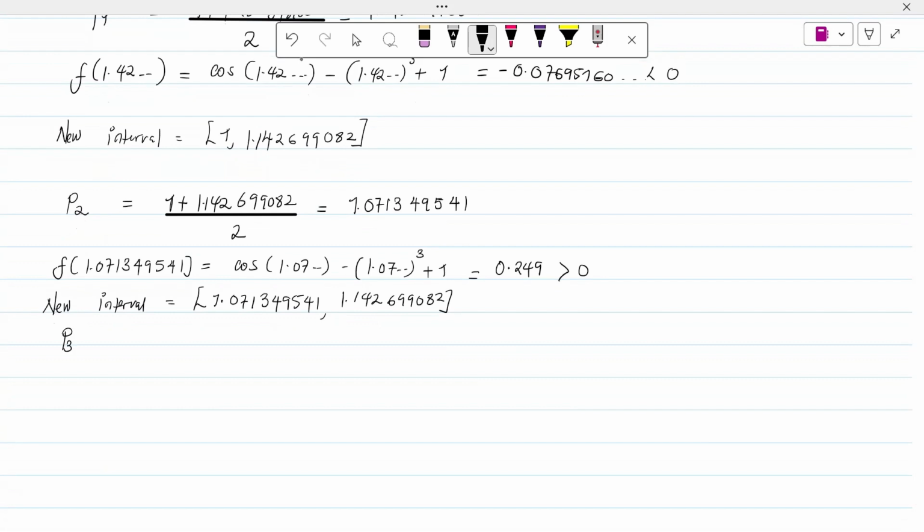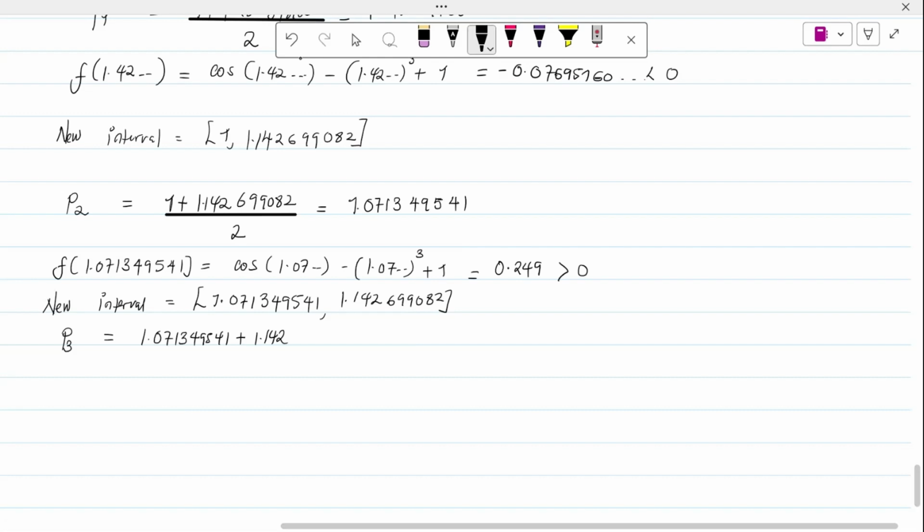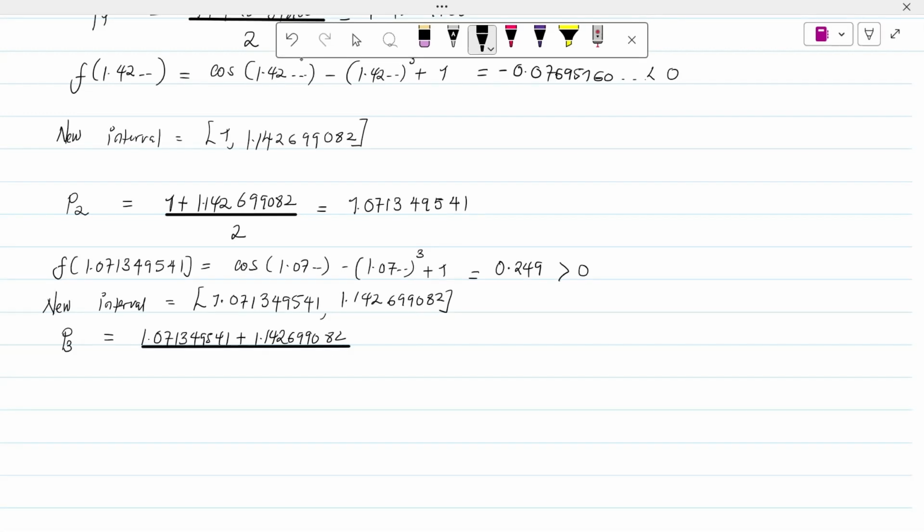So what will be our P3? Let's get our P3. 1.107024312.